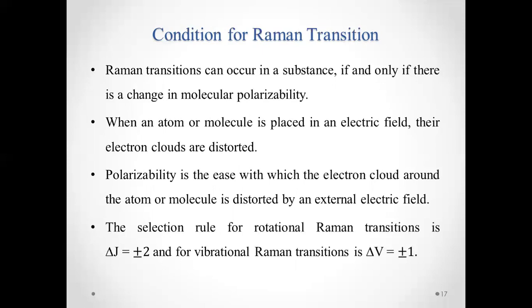Polarizability is the ease with which the electron cloud around the atom or molecule is distorted by an external electric field. The selection rule for rotational Raman transitions is delta J equals plus or minus 2, and for vibrational Raman transitions is delta V equals plus or minus 1.